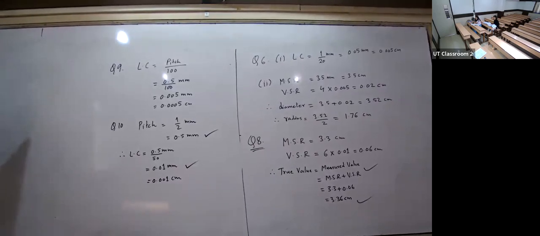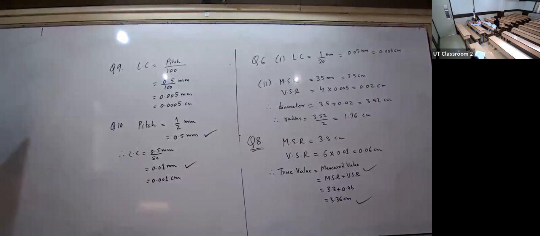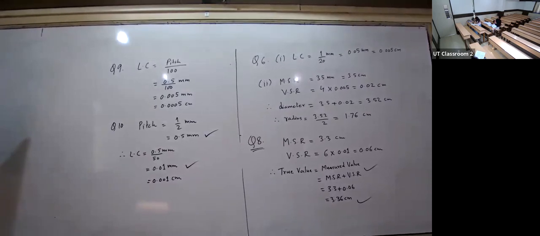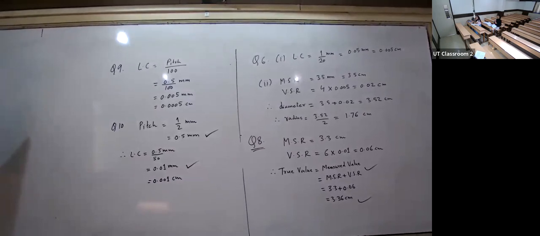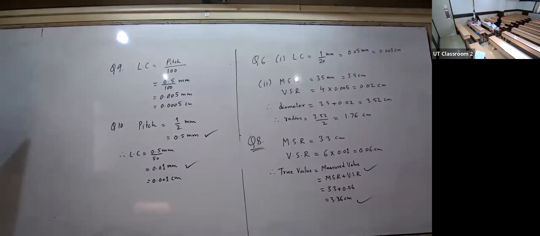Okay. Which part you're not getting? When a screw gauge is of least count 0.01 millimeter, write down least count is 0.01 millimeter. In centimeter, you have to divide by 10.